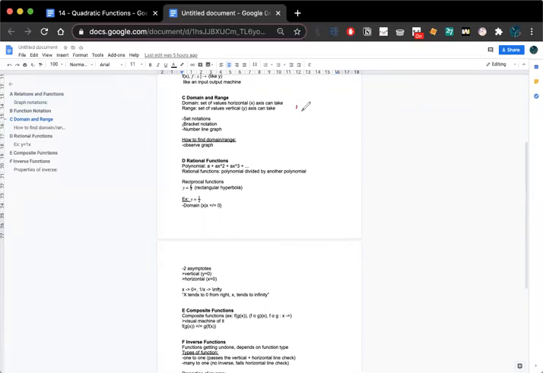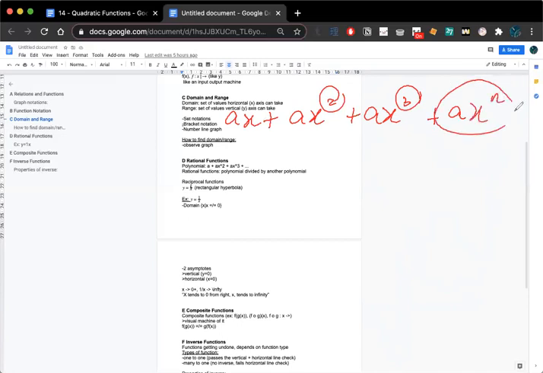Polynomials are basically the functions or equations where you have x to a power. Basically, any equation with x and a power is what you call a polynomial function.